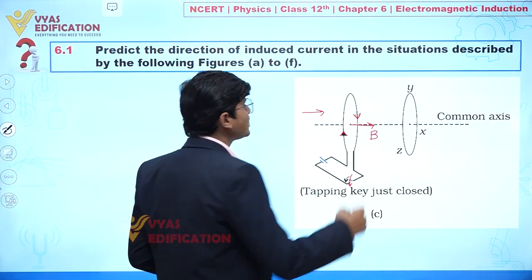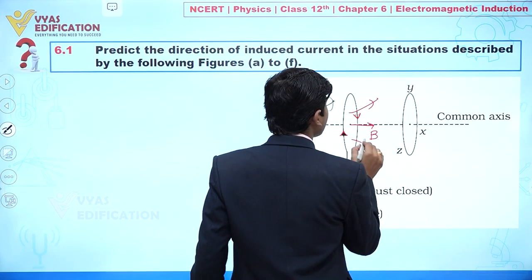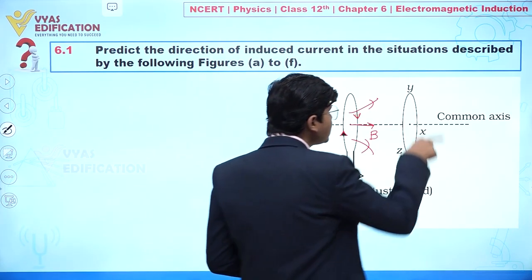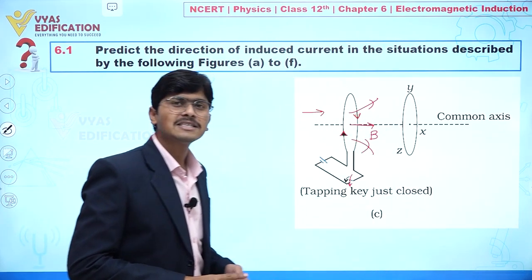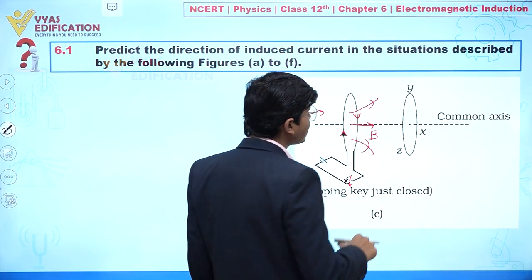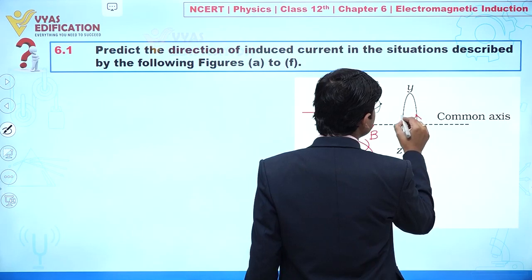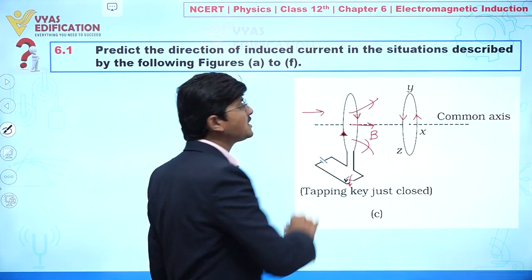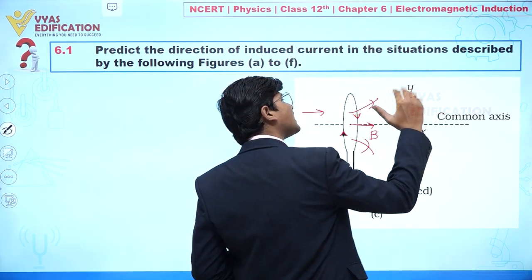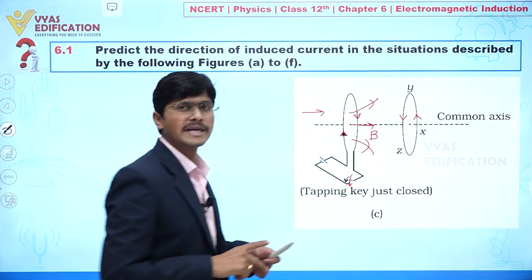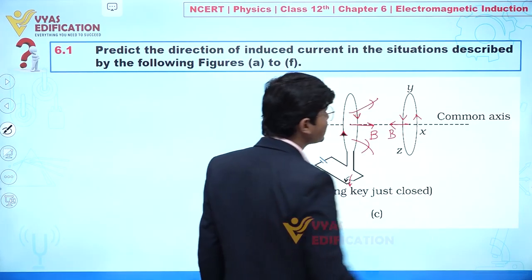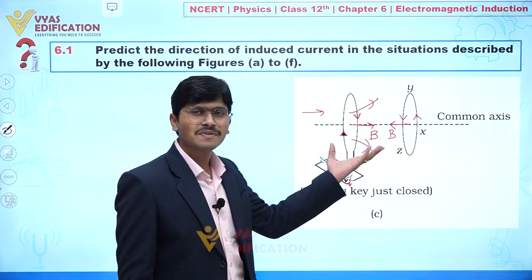Because the current is increasing, the magnetic field lines are increasing in this direction. So in this coil the current will be generated like this, it will try to oppose these magnetic field lines. At that time this current will flow in anti-clockwise direction, clear? If you curl your finger like this, the thumb indicates the direction of the magnetic field, and it will try to oppose this effect, clear?